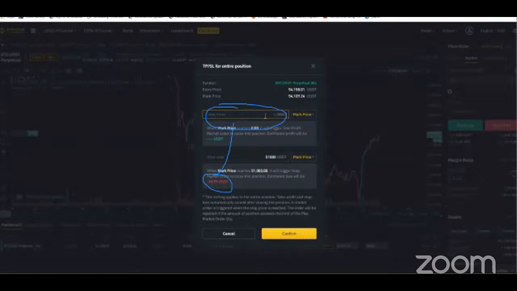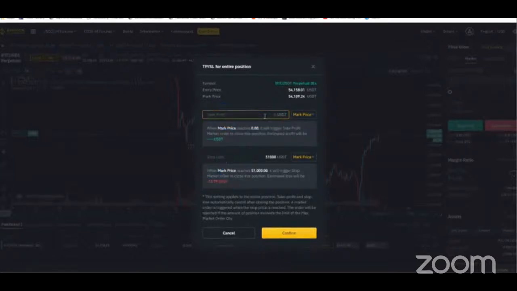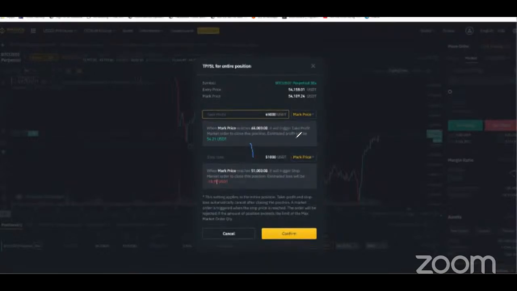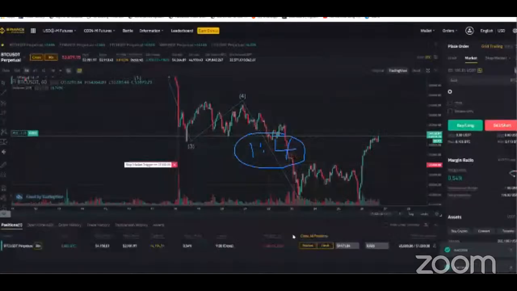Let's try 65,000. With this 65,000, you can see 15 times 3 is about 45, so this 54 is quite much higher than a 1 to 3 risk reward ratio. And then you can go with confirm.